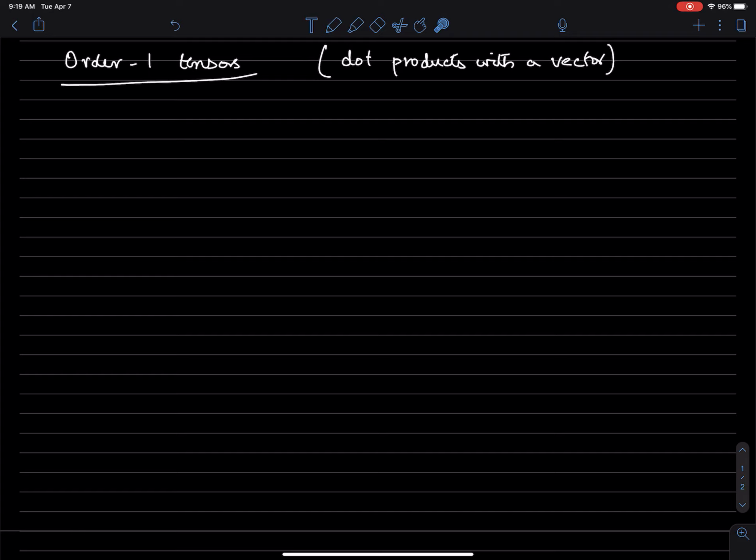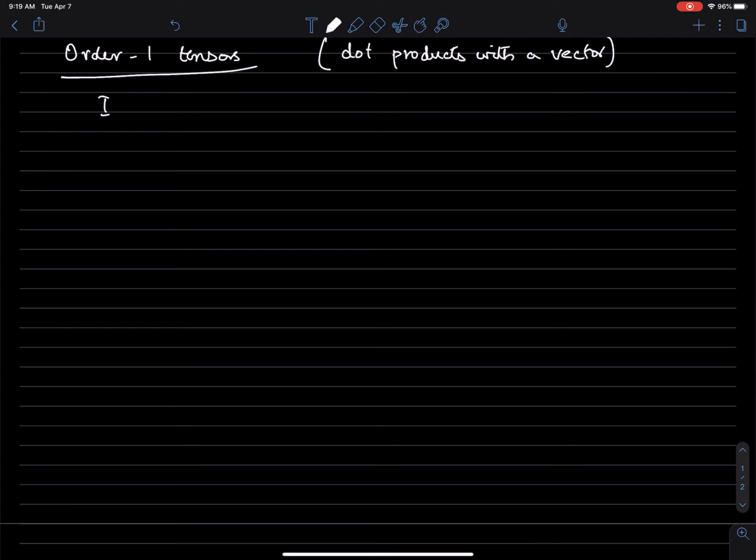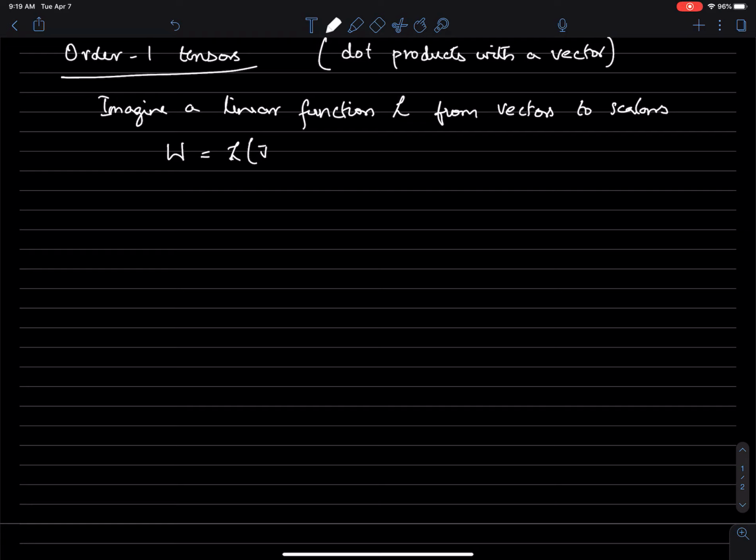Okay, so imagine a linear function L from vectors to scalars, right? So where w equals some function L of v.